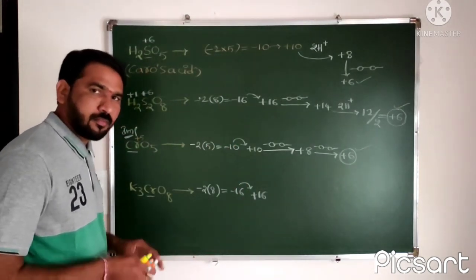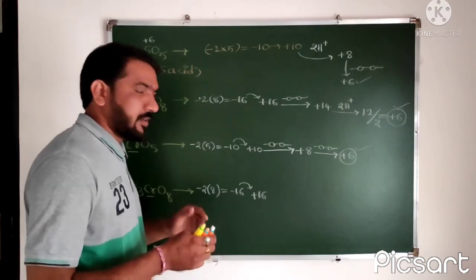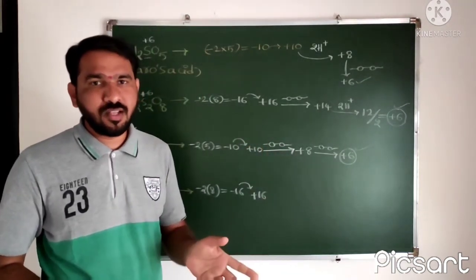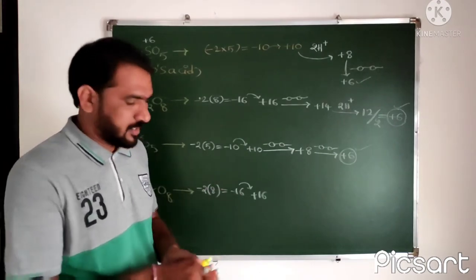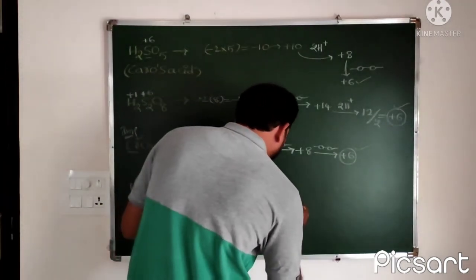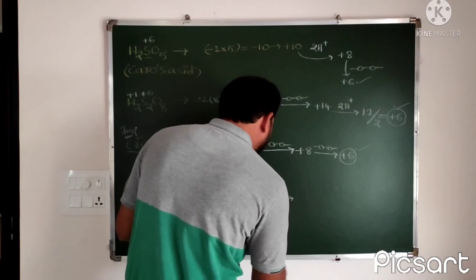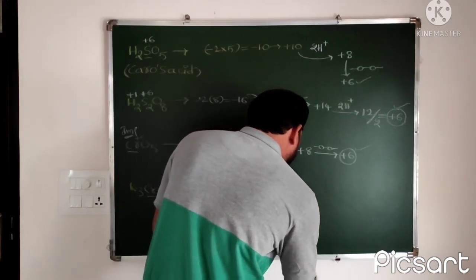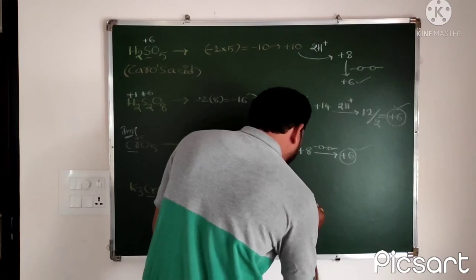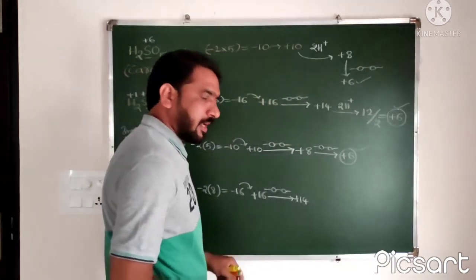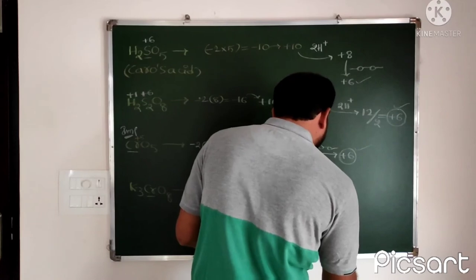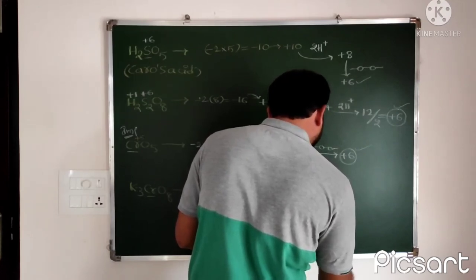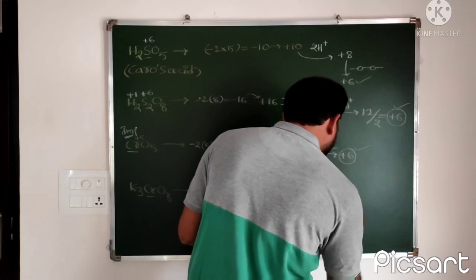Is it possible? No. Then we need to reduce the positive oxidation state by using what here? The same peroxy linkages. If you use one peroxy linkage, that is reduced to plus 14? If you use a second peroxy linkage, that reduces to plus 12.